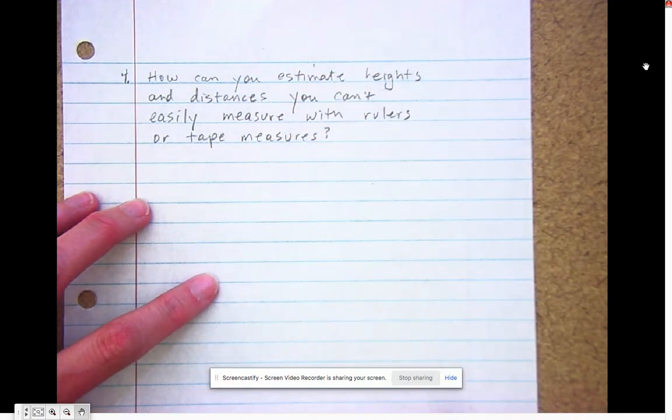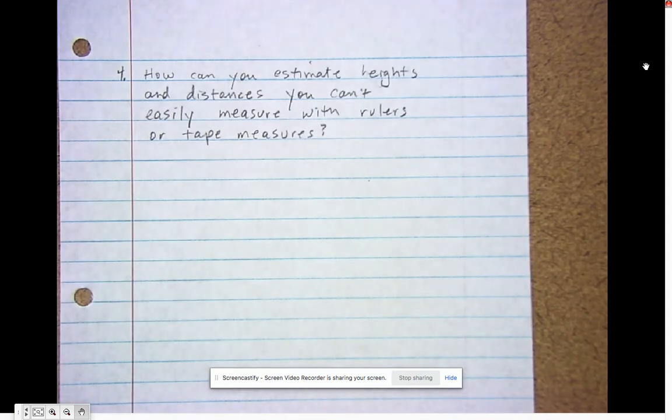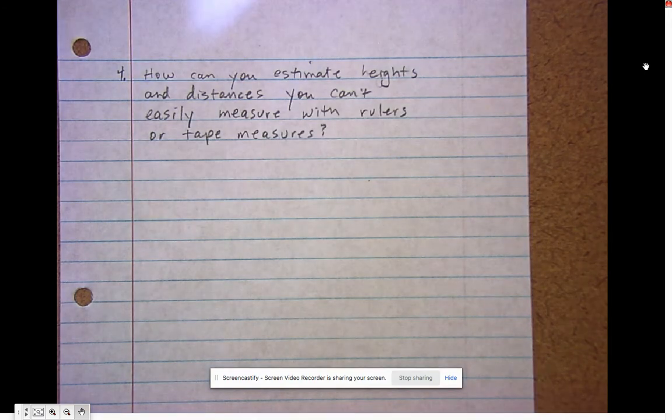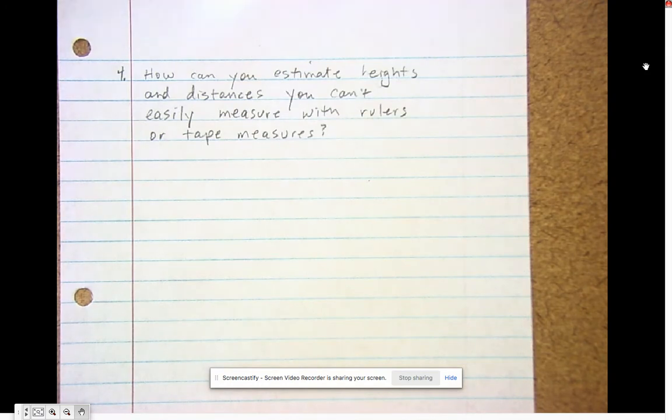So we went outside, a couple of classes, and we tried to see how high the goalpost was. It wouldn't have been safe to have somebody climb up to the tip top of the goalpost. We couldn't use the shadow method because it was cold and rainy, but we did use a mirror method.